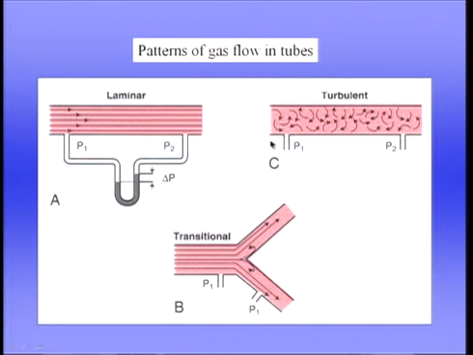If you increase the flow rate even more, then the movement of the gas becomes random. You get turbulence, and that's a different kind of flow. It occurs at very high flow rates.